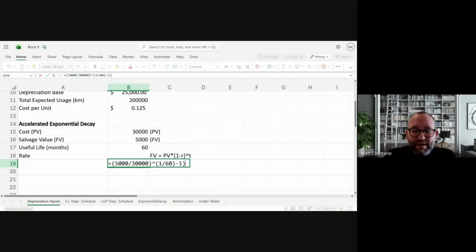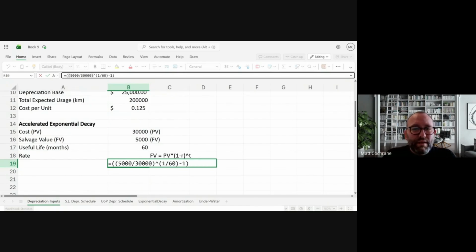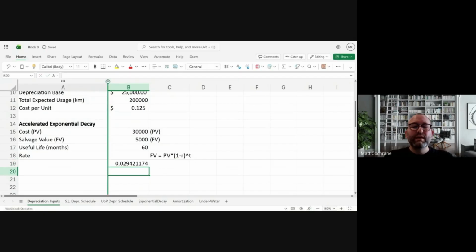So we put a bracket here, a bracket here, and we can just put a negative sign here. And that gives us 0.0294. So this is the rate that we want to use. I'm just going to copy this and paste it here.